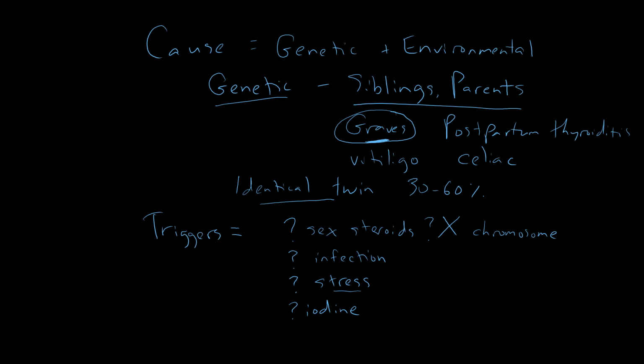The thyroid gland can't make hormone without iodine, so having no iodine is a big problem. And too much iodine can also cause problems in patients with Hashimoto's by making it worse. So trying to manipulate iodine levels as a treatment often may do more harm than good.